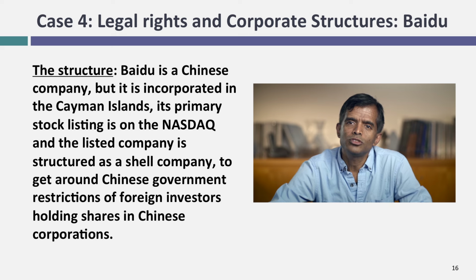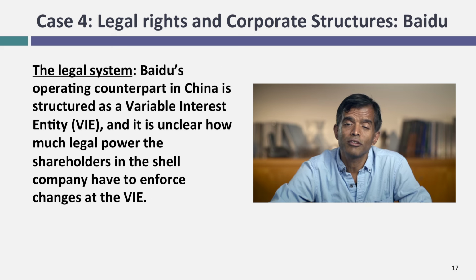But that legal arrangement might be subject to oversight by the Chinese government. The Chinese government might decide tomorrow or the day after that that legal arrangement does not hold up. I'm in a very weak position when it comes to Baidu because I don't control the real company, and I definitely don't control the management of the company. But that again is something you have to factor in when you look at corporate finance decisions.